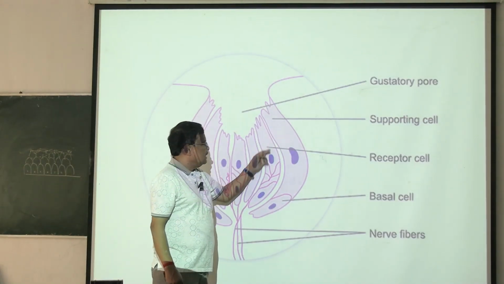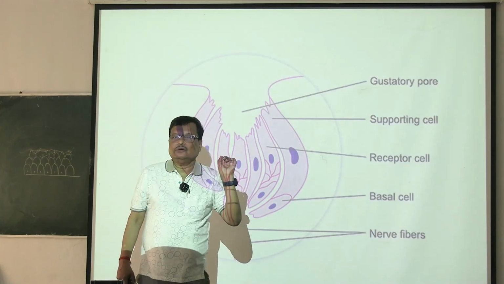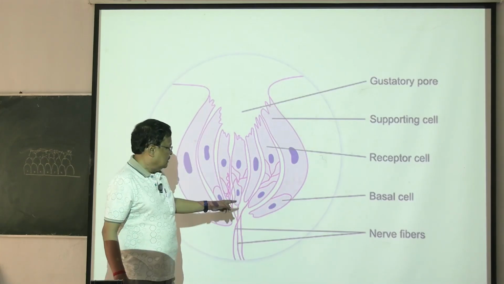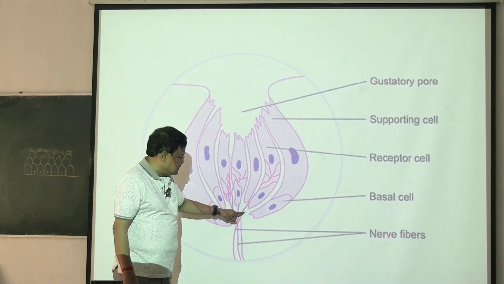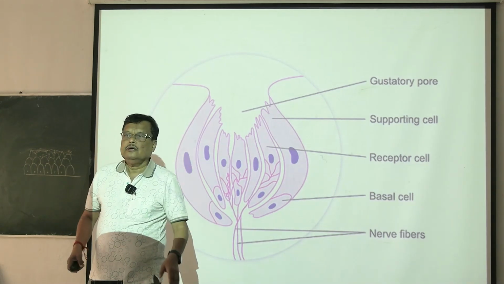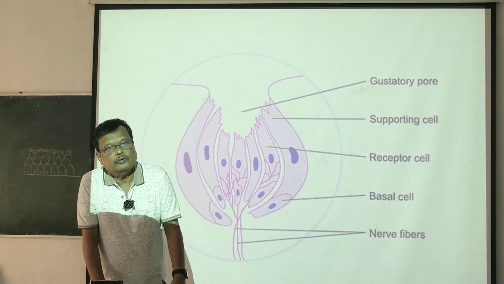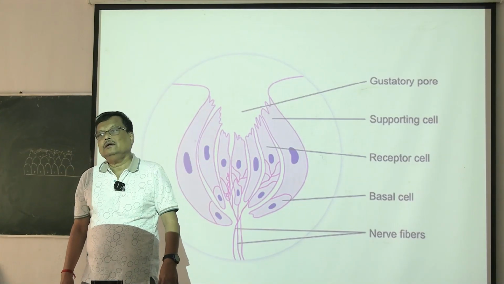But the main cells are the receptor cells. They can sense the taste. And from the basal surface, there is a process which makes a synapse, a connection with a nerve. And the nerve carries this sensation to the brain. So we can taste.